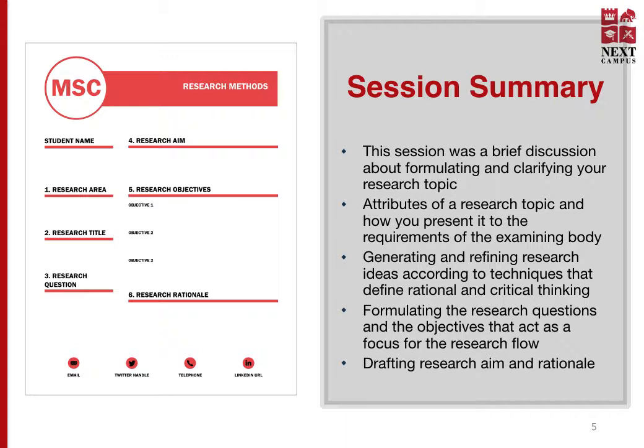You can start making short notes. Use this document as a working document to look at your research area, write your research question, write your research title, make some short notes about the research aim, and write a couple of research objectives, and also make some short notes about the research rationale.